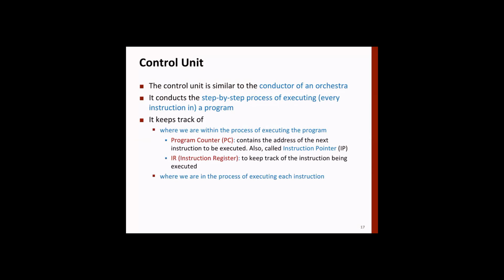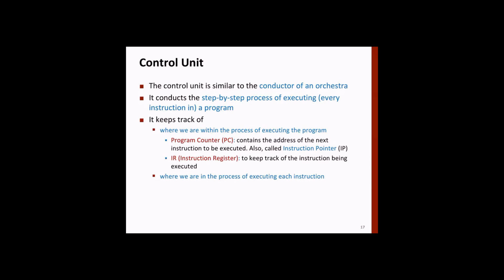The execution of each instruction requires a number of steps. Say, for example, A plus B is equal to C. You'll have to read data from register A, read data from register B, and bring it to the ALU. The ALU will perform addition and output, so the output port is to be enabled, and then the output of the ALU will go to some register, whose input port is to be enabled.